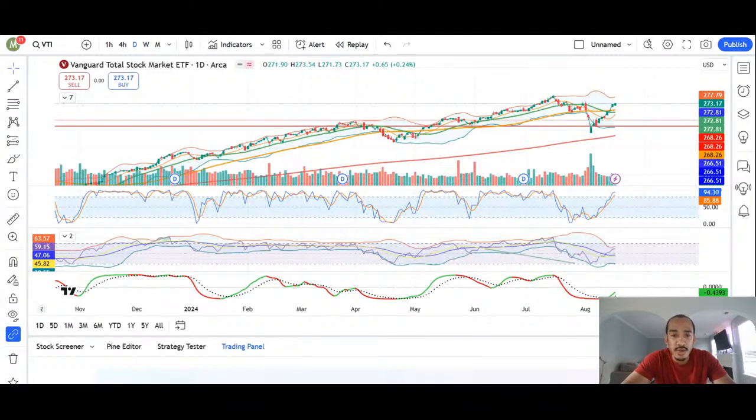Whenever this thing turns green, it's a signal to get in the trade, right? So it turns from green to red. So if you wanted to swing trade just based off of that indicator, you could get in right here because what else is also happening?